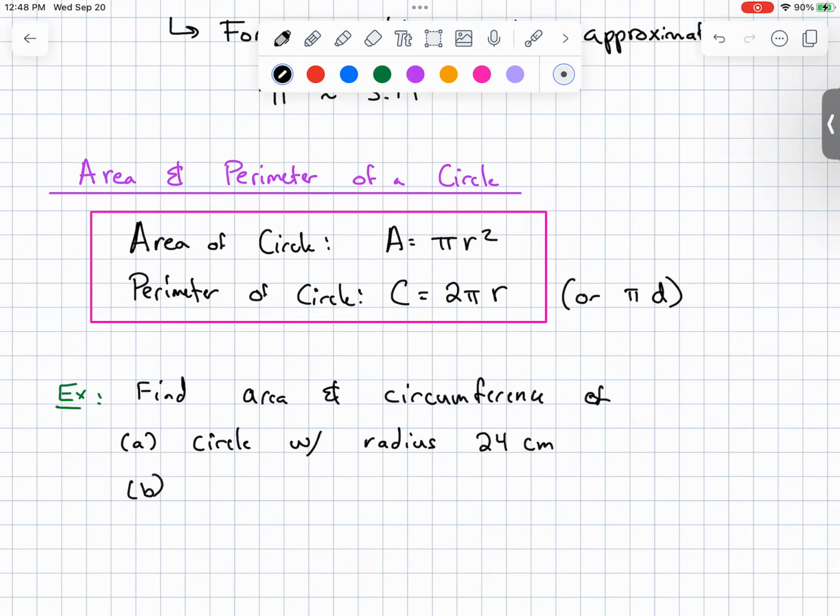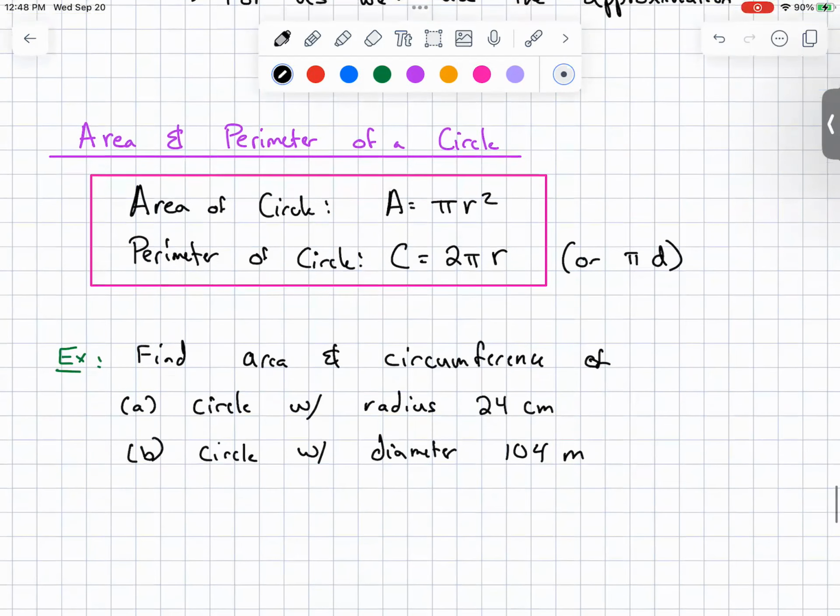And B will be a circle with diameter 104 meters. Why not? The part A.